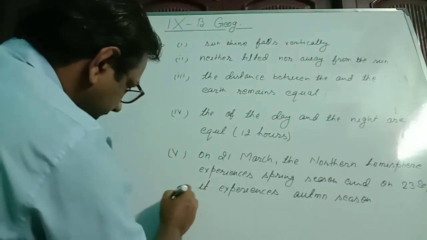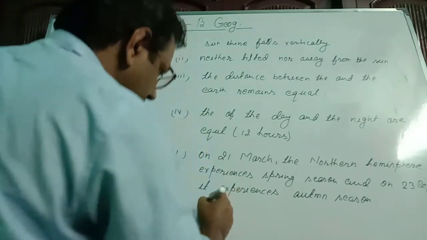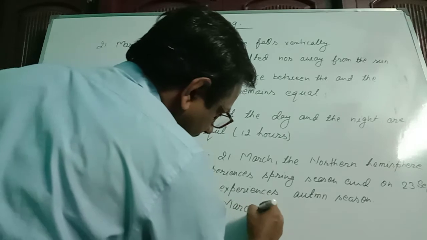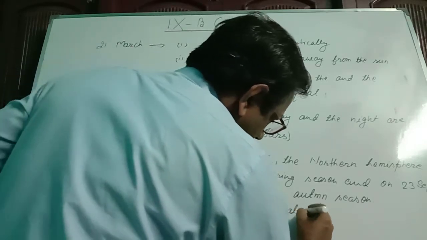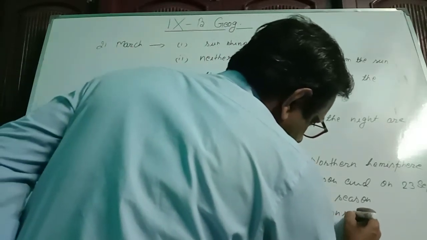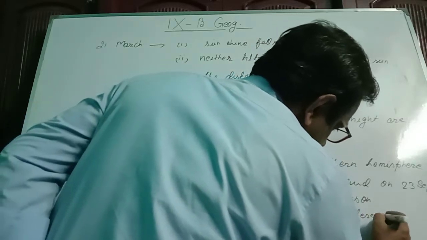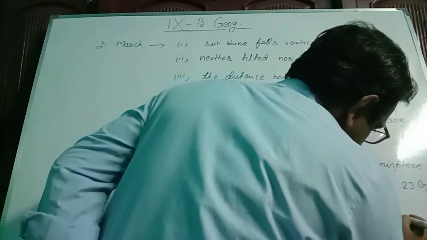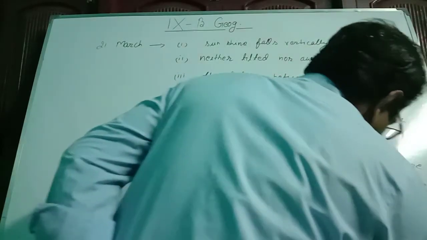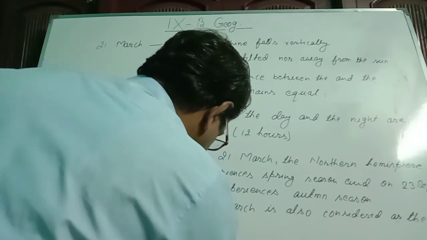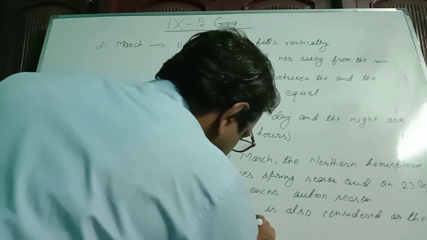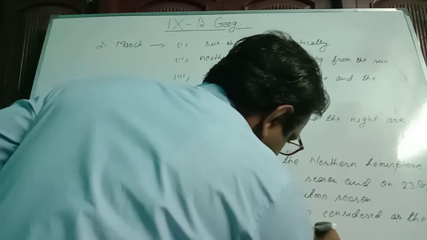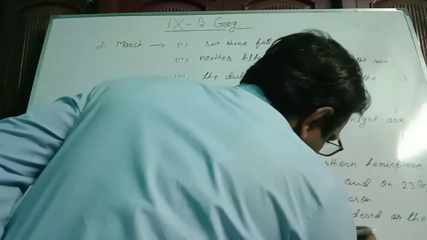Number 6, 21st March is also considered as the first day of the Indian calendar.